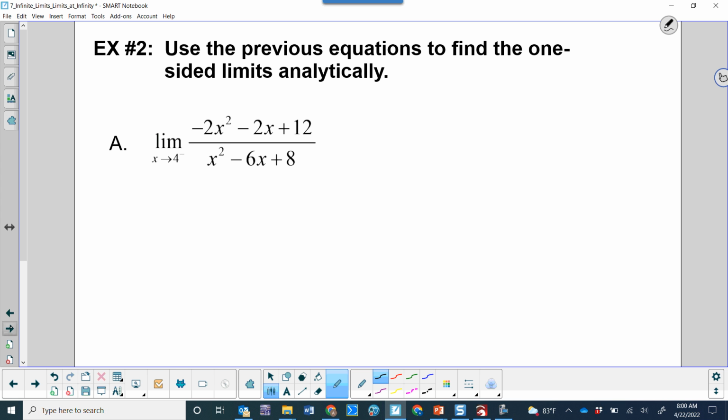If I take the limit as x approaches 4 from the left, and this was the first function we looked at, if I just gave you this problem, you would not want to necessarily graph it. You would want to analytically figure out what's going on. So you would want to factor the top and factor the bottom and see what you get.